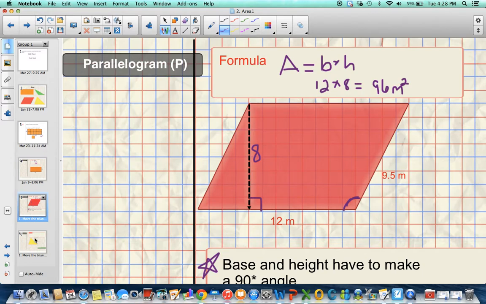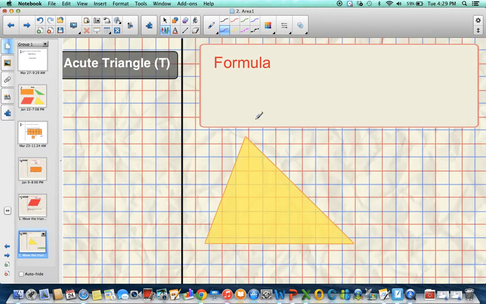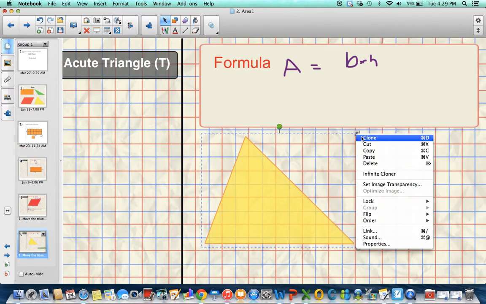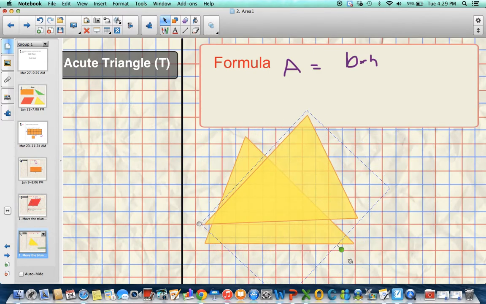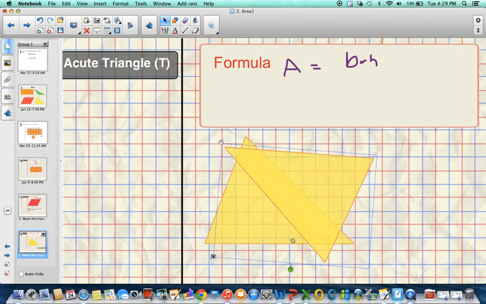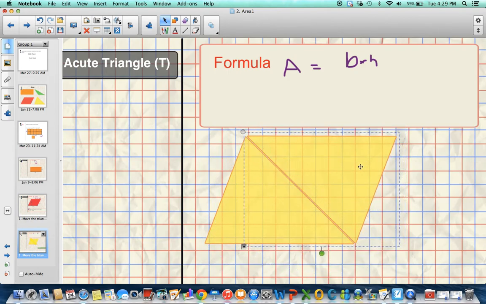So now let's look at triangles. What happens with triangles? Well, remember, we always start with the same idea of area equals base times height. Okay, so let's watch what happens to the triangle. If I take this triangle and I double it and spin it, I will always end up with a parallelogram.